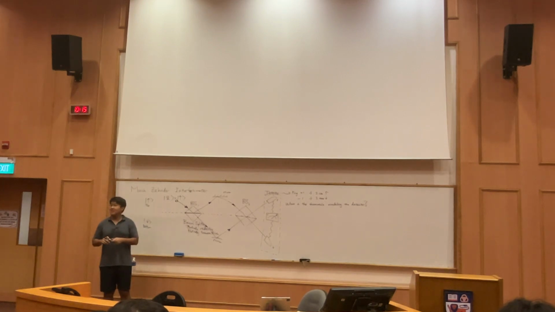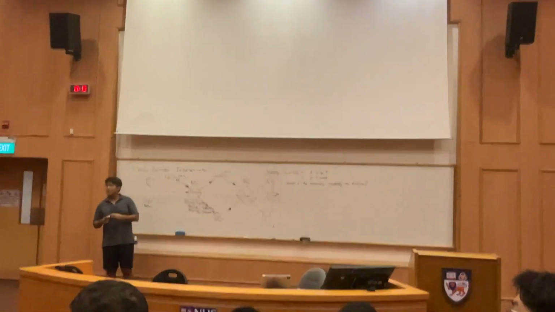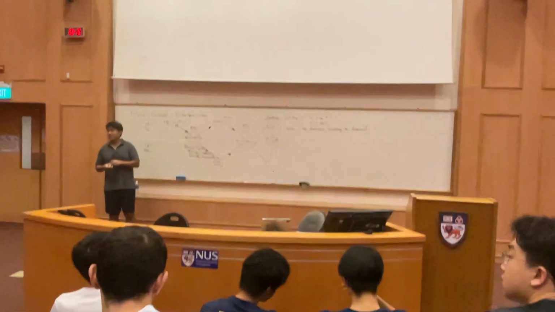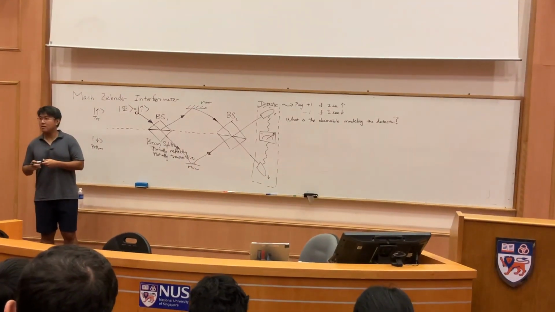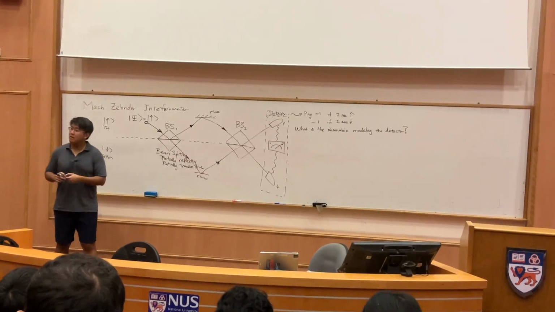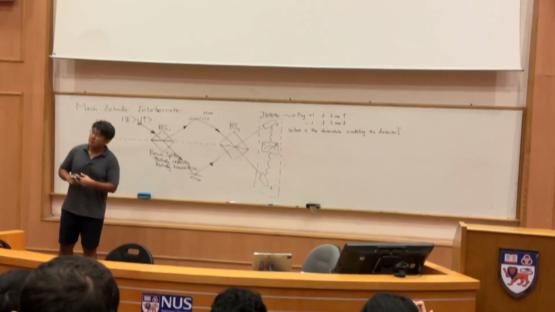Is it +1 up, -1 down? Okay, very good. Why? Because if it's up, then it will return a +1, and because it's orthogonal, the down component cancels out. Exactly.